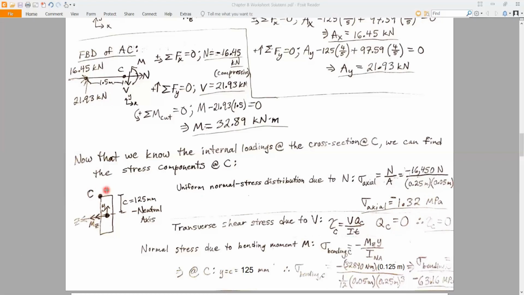There's no other material for that moment of the area to exist, so Q is 0, so our transverse shear is 0. You know, in the end, it's helpful to just know that if you have your neutral axis here, your shear stress is going to be 0 at your surfaces away from that neutral axis. So down here also, your transverse shear is 0. Anywhere up here, it's also 0.